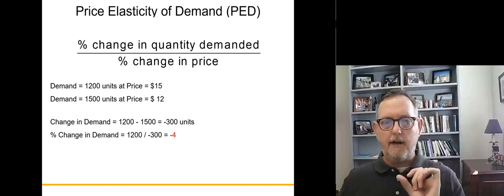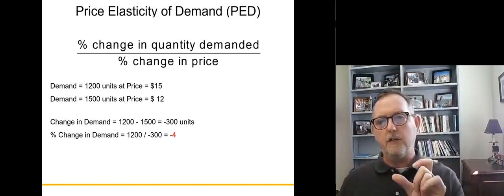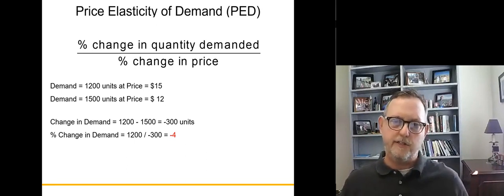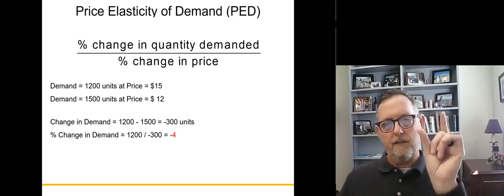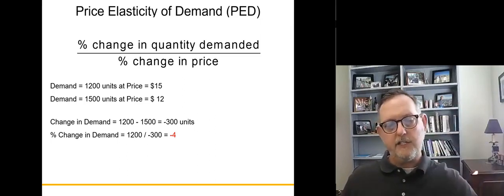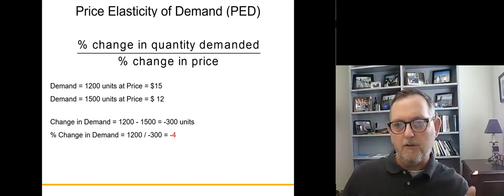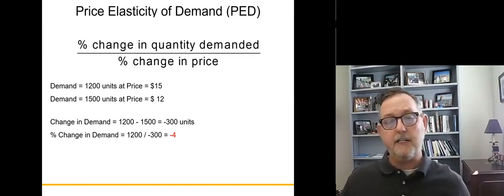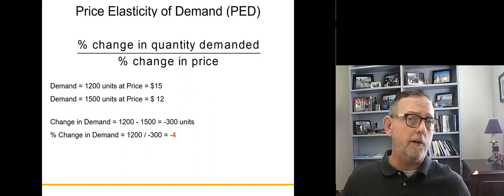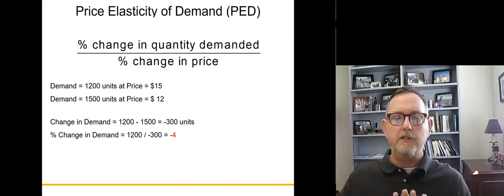So this is going to seem odd, right? Because we go from the original to the new, we have minus 300 units. Okay, so now we've got to divide the original by that change in order to get our percent change. So 1,200 divided by 3 is minus 4. Okay, that's the top part of our equation.